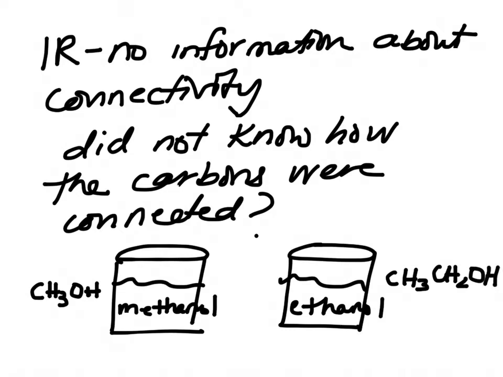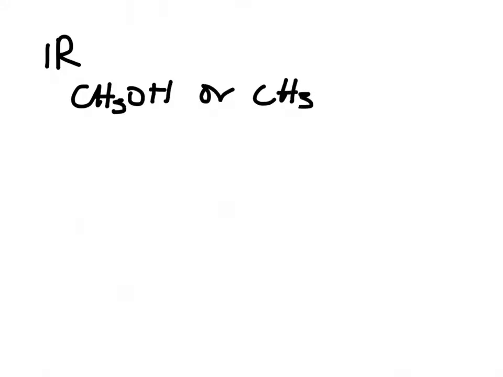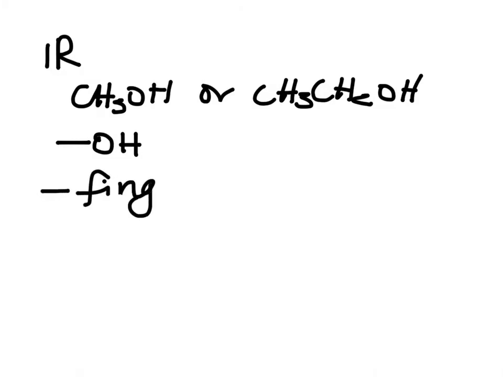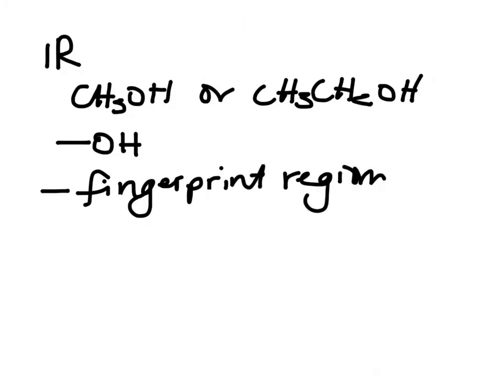Now, if we were to look at an IR spectrum for either methanol or ethanol, you would see an OH stretch in each. Now the fingerprint region would be different.